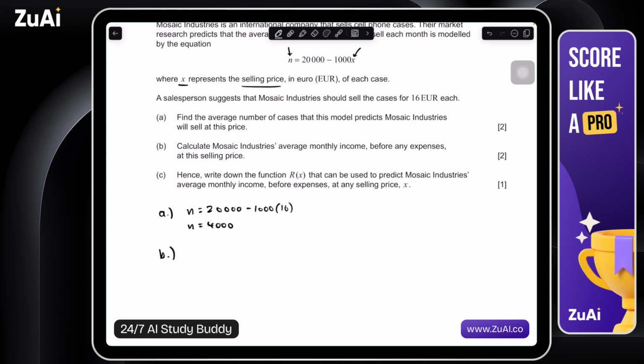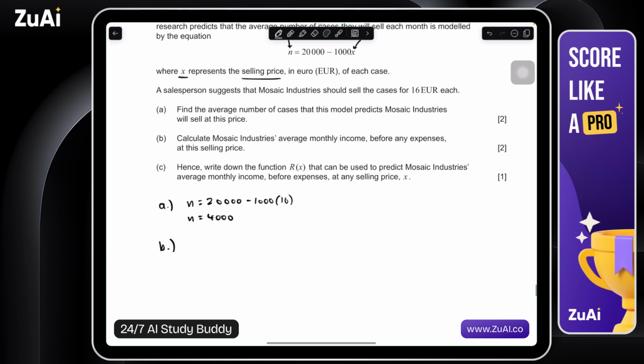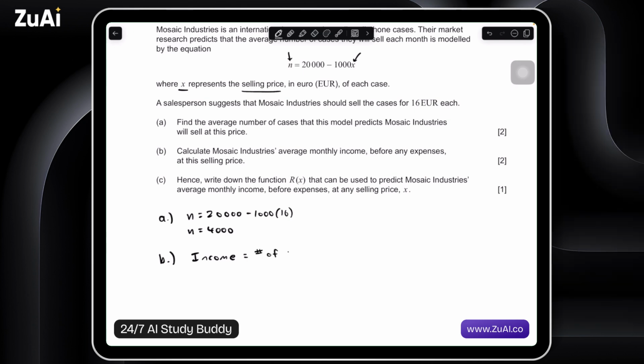Calculate Mosaic Industries' average monthly income before any expenses at the selling price. Okay, so income is the total amount that the company would earn before expenses. Often we call this gross revenue. The total amount this company will earn, flowing in as gross revenue, will be made up of the number of cases they sell multiplied by the price per case.